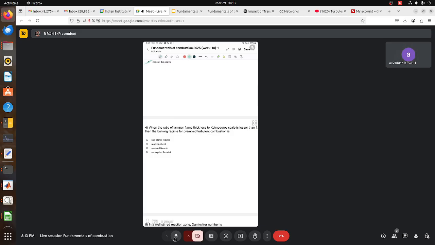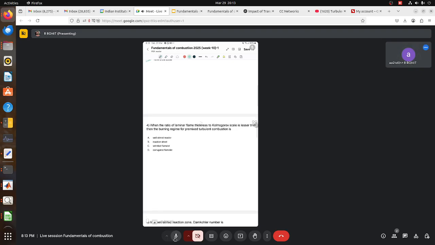Right. So the question was, when the ratio of laminar flame thickness, that is delta, to the Kolmogorov scale is less than 1, then the burning region for premixed turbulent combustion is what. When the ratio of flame thickness to Kolmogorov scale is less than 1, that means either the Kolmogorov scale is very high or your flame thickness is very low.